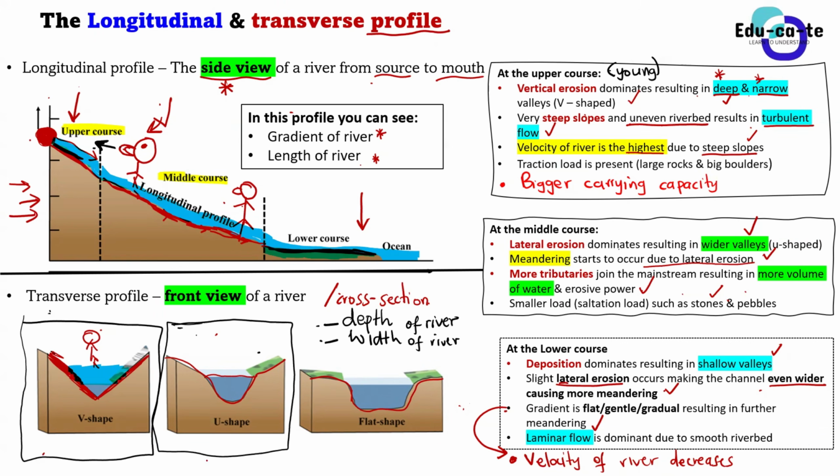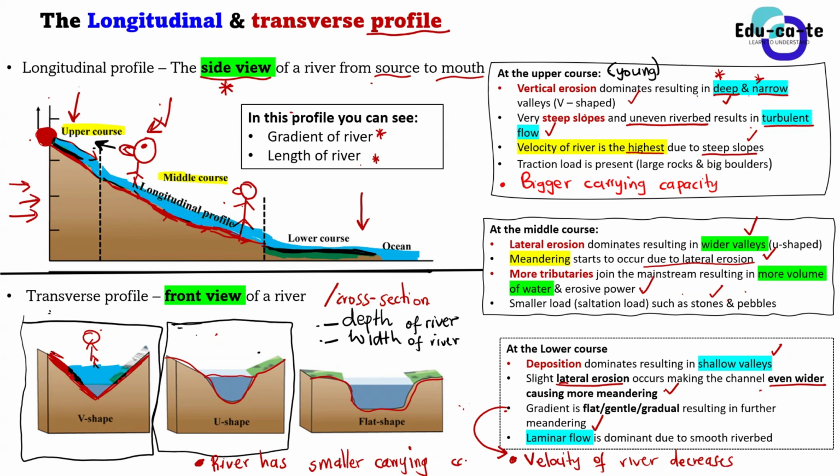You should add that point as well, because these notes are not complete to the fullest extent. So you can say that the river has a smaller carrying capacity because the river now has a smaller speed.